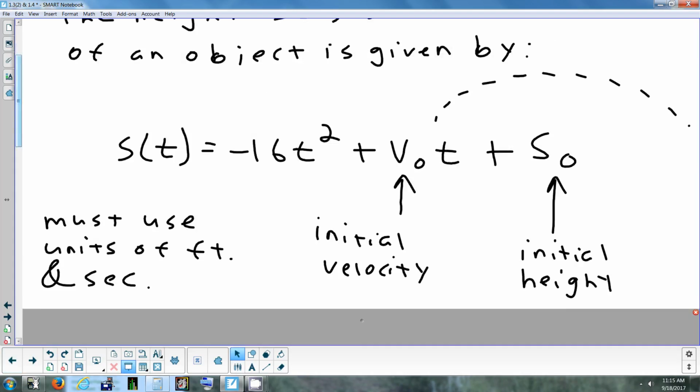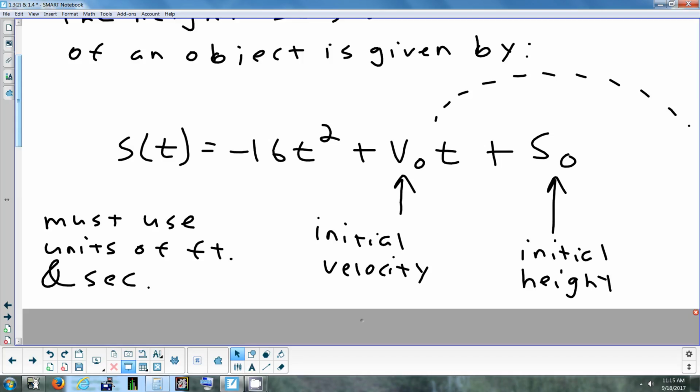Okay, so V sub 0 is how hard you throw the object. S sub 0 is the initial height. And that -16, that's part of gravity.